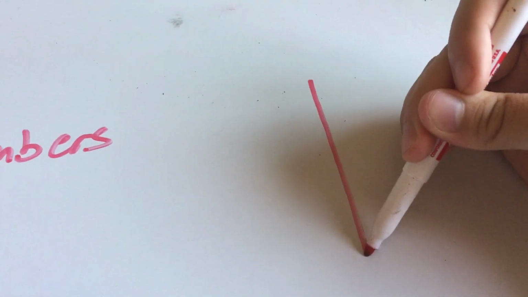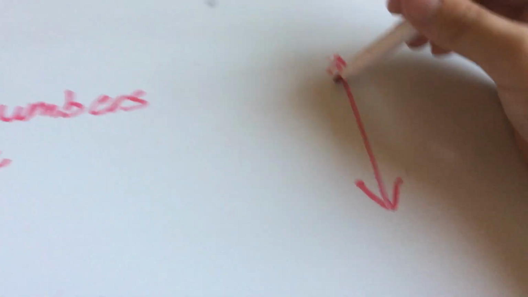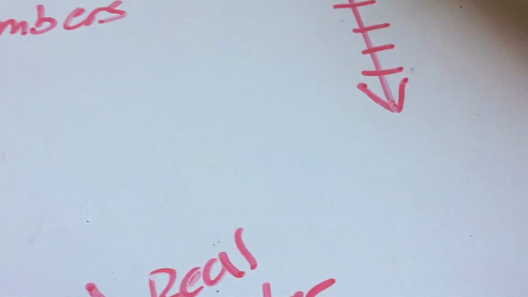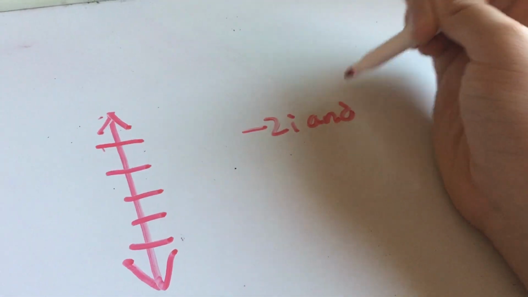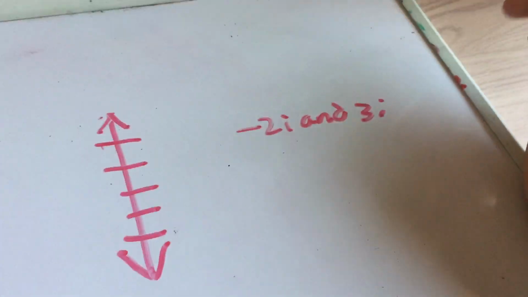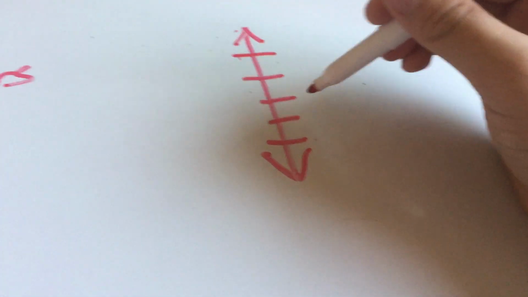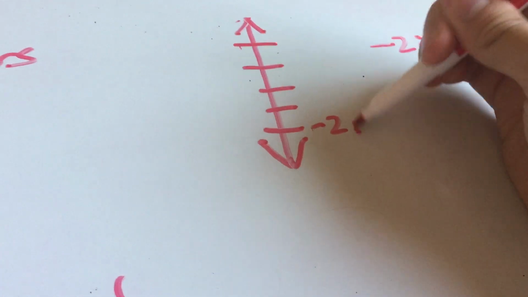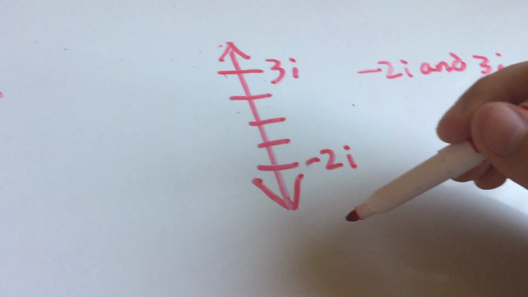And if we're plotting, let's draw that. This is the vertical line, known as your y-axis. Let's say we plot -2i and 3i. -2i would be down here, and then 3i would be up here.